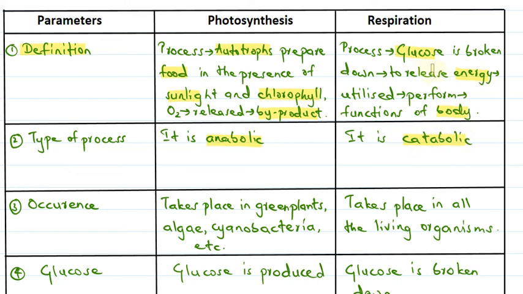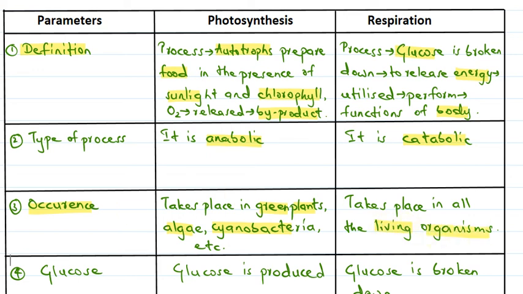Here glucose is being broken down. Then we saw that photosynthesis takes place in all the autotrophic organisms like green plants, algae, cyanobacteria, whereas respiration occurs in all the living organisms.